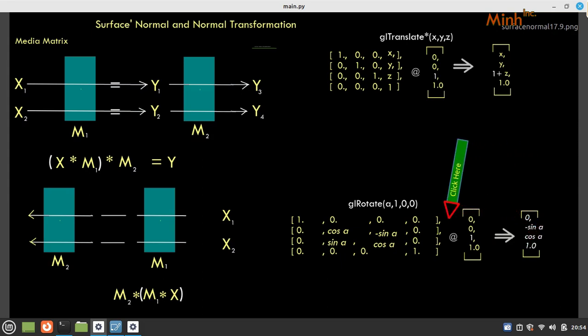It's a simple matrix multiplication. If I translate the point 0, 0, 1, it will become like this. If I rotate 0, 0, 1, it will become like this.